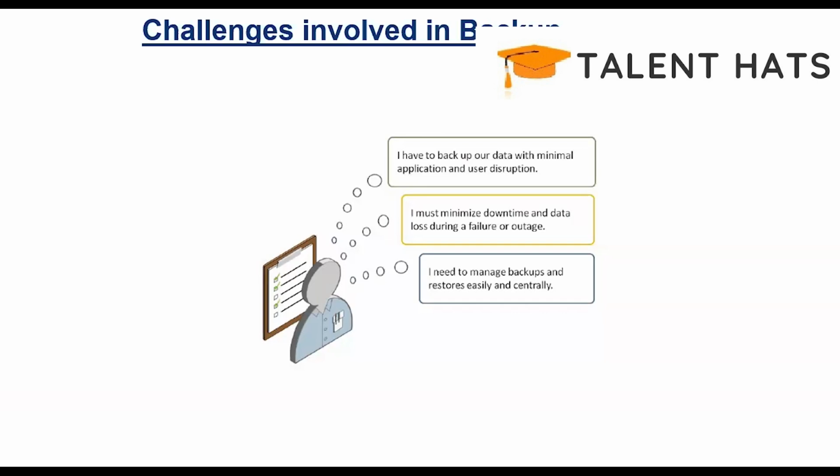Your NetBackup itself also should be backed up. What backups have been taken for today has to be kept as a reminder. So these are the challenges involved in backup.